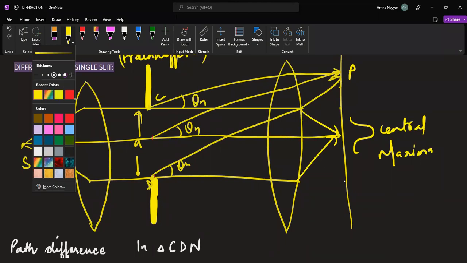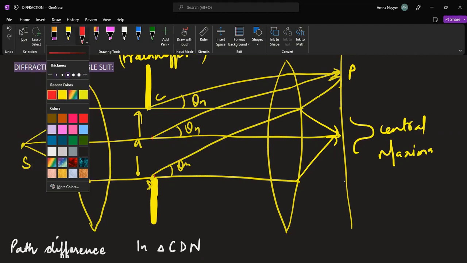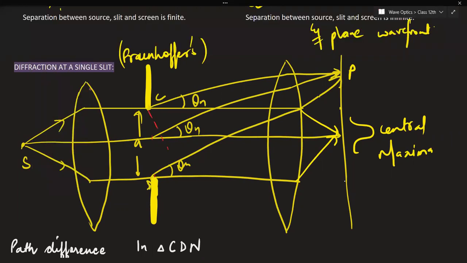Now see, this is point D. Let's do one thing, let's drop a normal. This is a normal that I have dropped. This is just for the calculation part. This triangle CDN is just for the calculation part. Otherwise, this has no use.